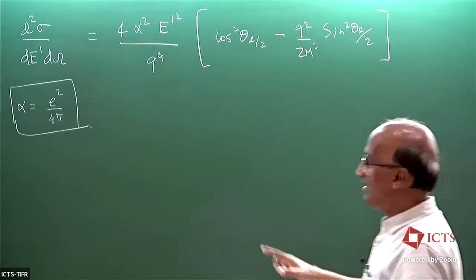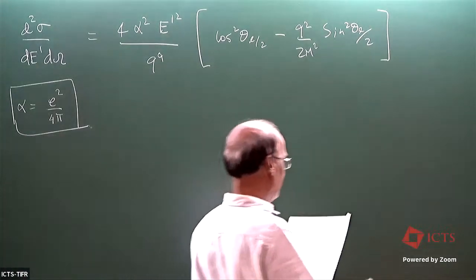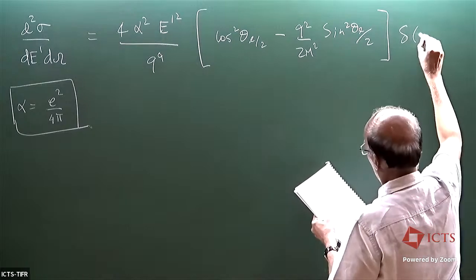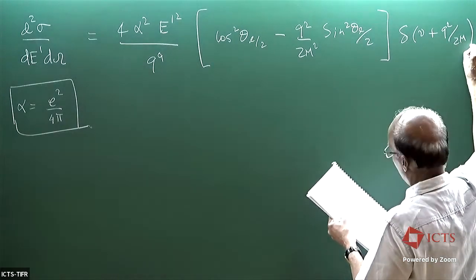So all I did was substitute this expression for the matrix element square and the phase space part. I forgot to add one more term, sorry about that. The last part is actually delta of nu plus q square by 2m.